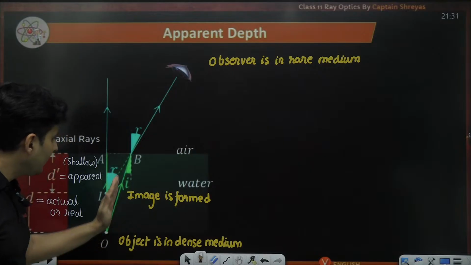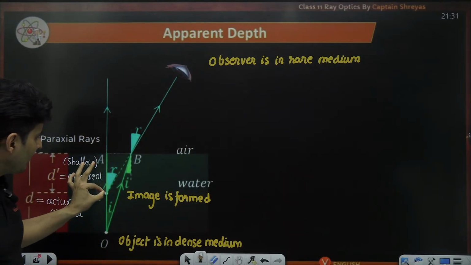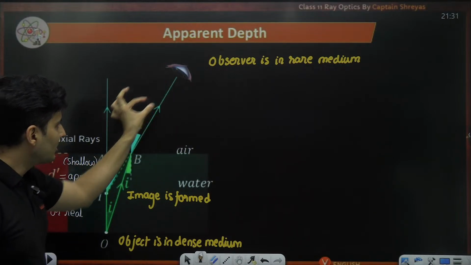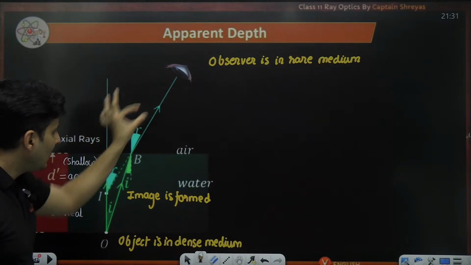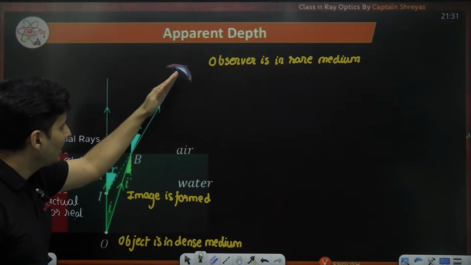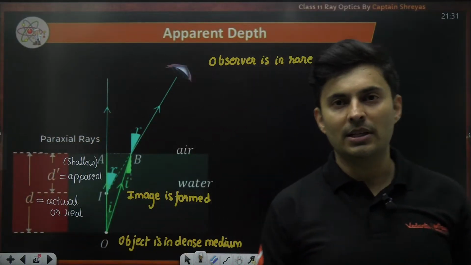Look at this. This light ray will bend away from the normal. So if you extend that ray behind, the image will be formed here. So the rays are going in this direction. So when extrapolated behind, the eye or the brain will perceive those rays to be coming from here, not from here, because they are going like this, not like that. So that is the perception which is developed in the brain.